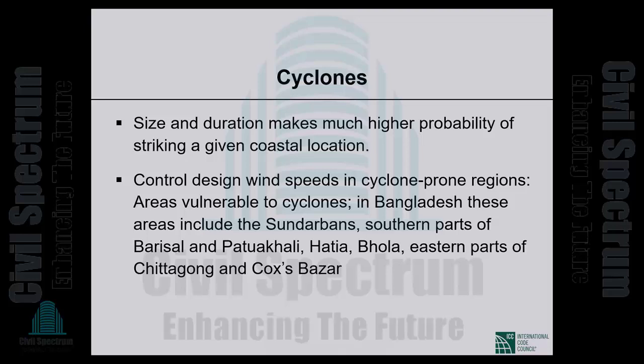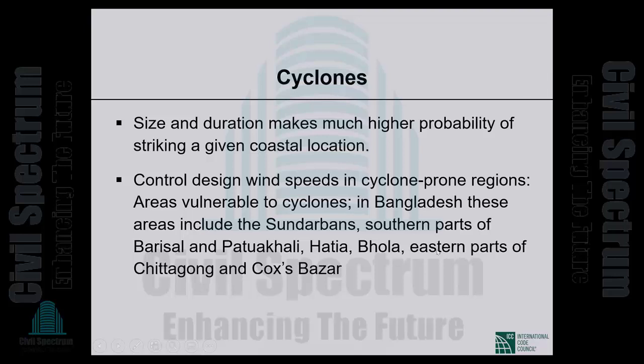Cyclones control design wind speeds in cyclone-prone regions, and those are defined in Section 2.1.3 of Bangladesh National Building Code as areas vulnerable to cyclones. In Bangladesh, these areas include, this is the official definition of cyclone-prone regions, the Sundarbans, southern parts of Borishal, Patuakhali, Hatia, Bhola, eastern parts of Chittagong, and Cox's Bazar.